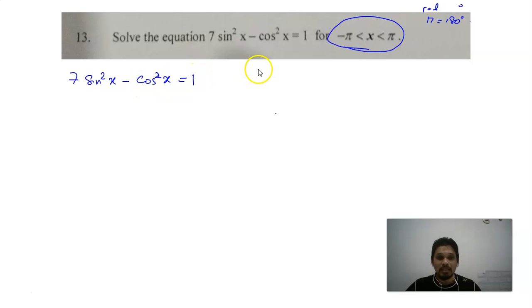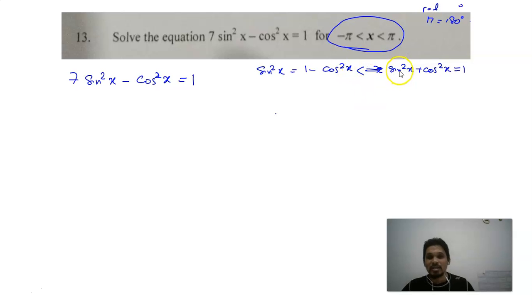In this case, I'm going to use sine square x equal to 1 minus cos square x, which is from the identity sine square x plus cos square x equal to 1.